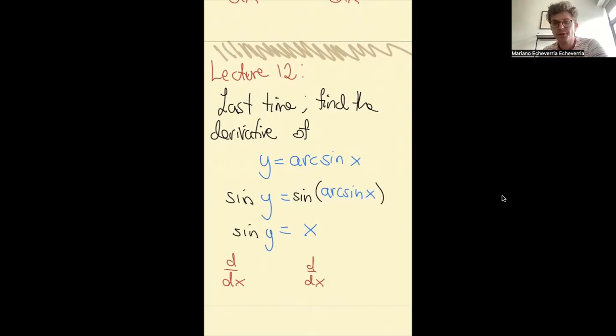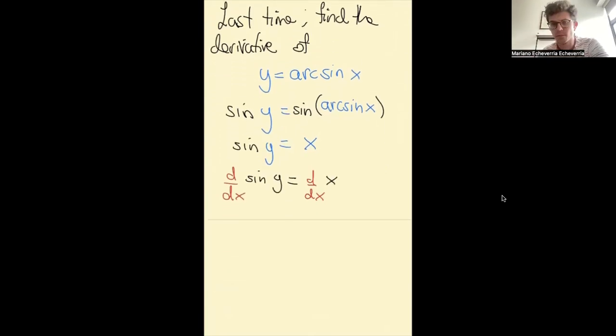The reason for doing that is that you do know the derivative of sine. So what you want to do next is take the derivative on both sides with respect to x. Now, to find this term, sine is written in terms of y.